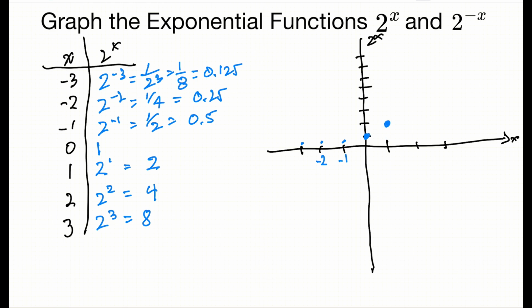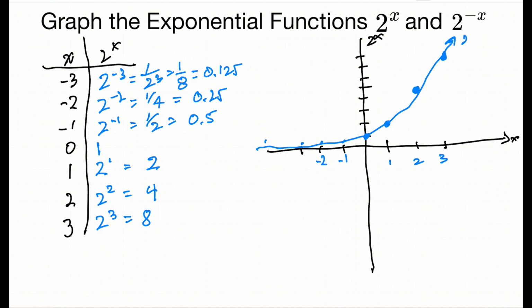Now at 2 we have a 4, so we go over about right there. And then at 3 we have an 8, and it's about right there. Okay, so there's our line.